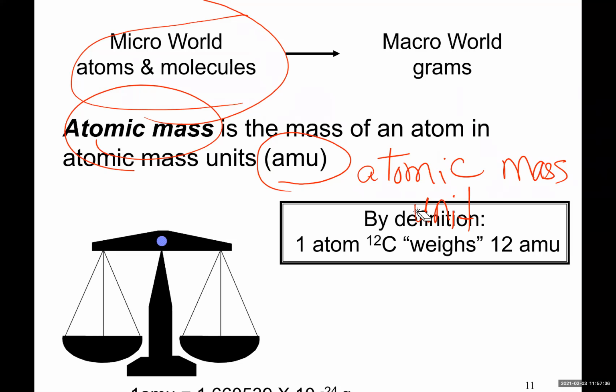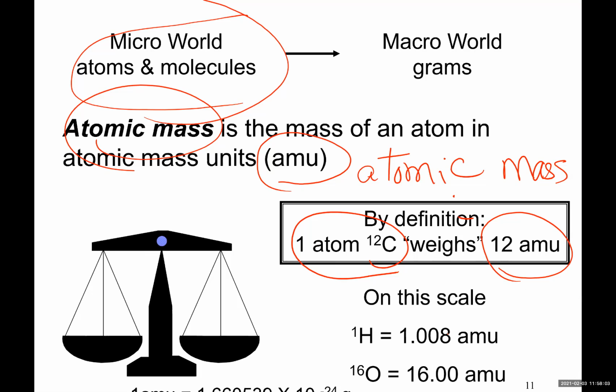What's the definition of atomic mass unit? Well, atomic mass unit is defined to be 1/12 of the mass of one carbon atom, or 1 carbon-12 atom is defined to have 12 atomic mass units by definition.